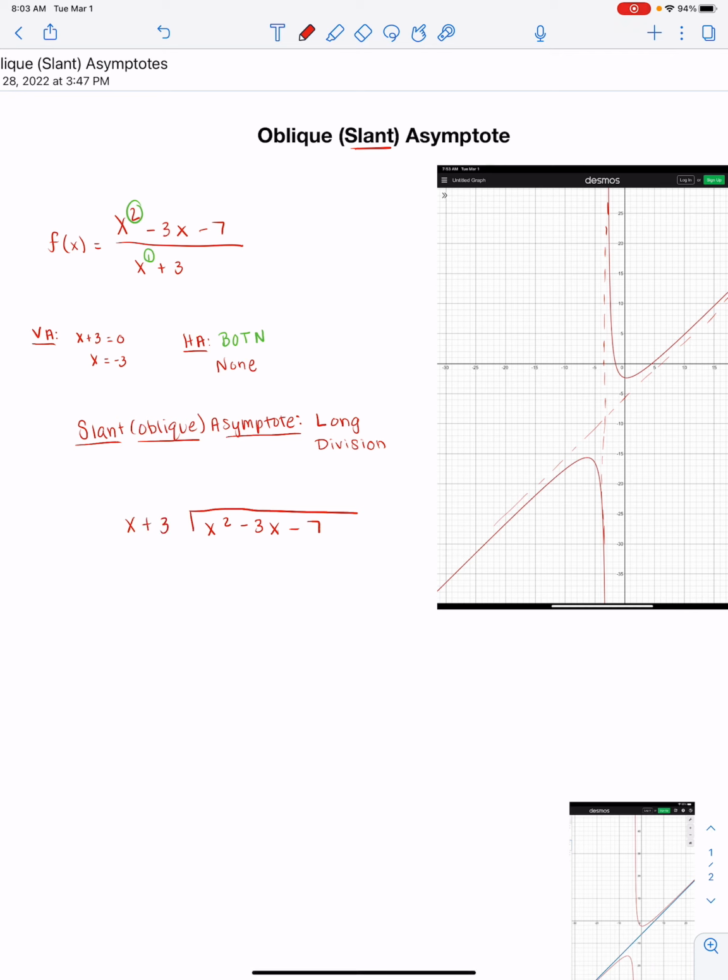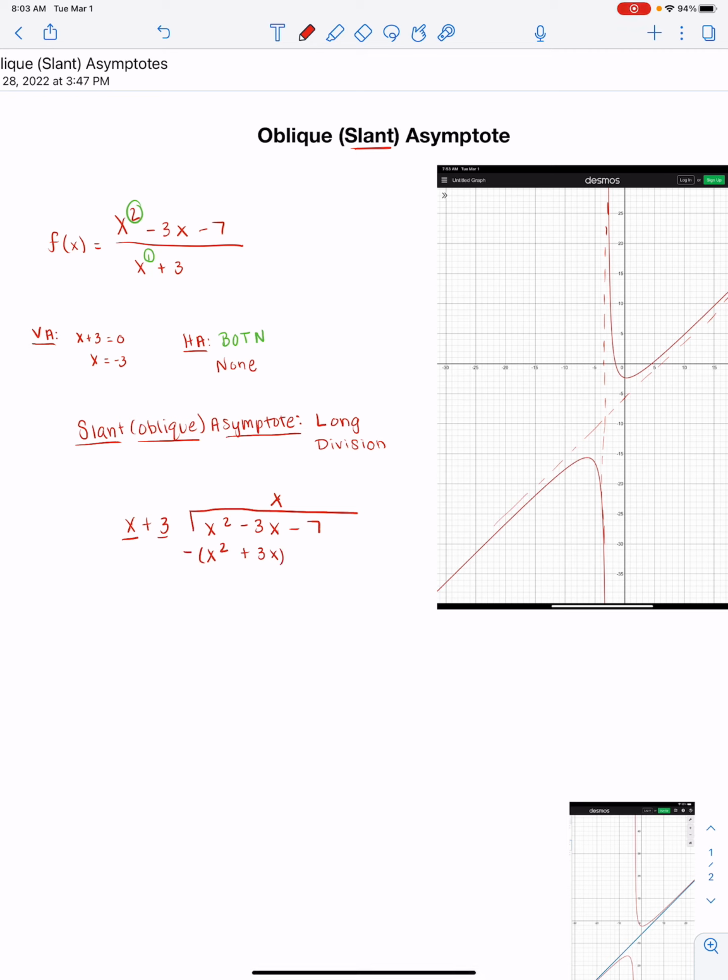And then you have to ask yourself the question, what times x is going to give me an x squared? Well, I know x times x would be x squared, so you put the x on the top and now multiply. X times x is x squared. X times 3 is 3x. Then we have to subtract all of that.